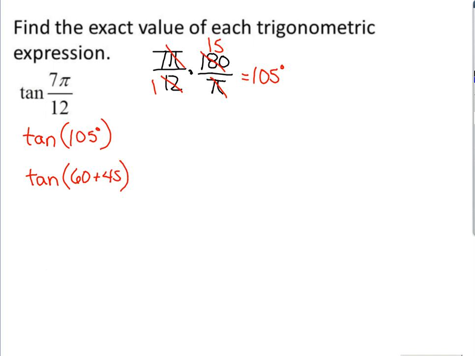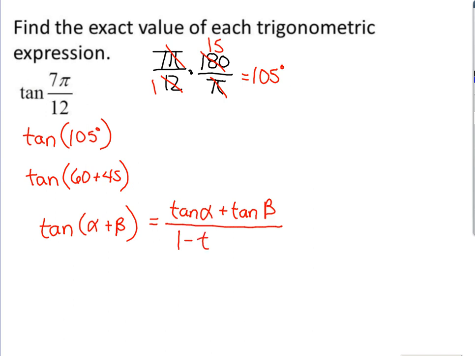Now this is a tangent sum identity. So our formula for this is the tangent of alpha plus beta is equal to the tangent of alpha plus the tangent of beta all over 1 minus tangent of alpha tangent of beta.